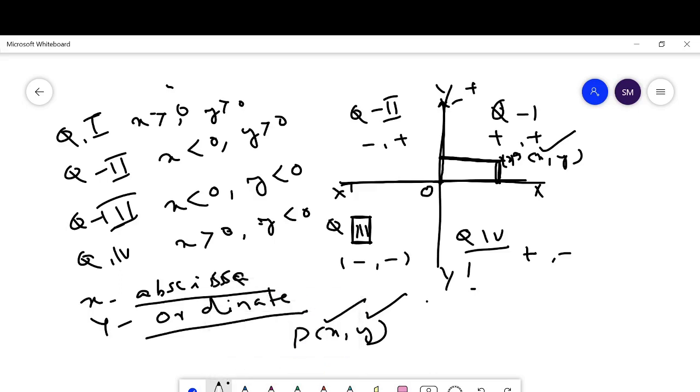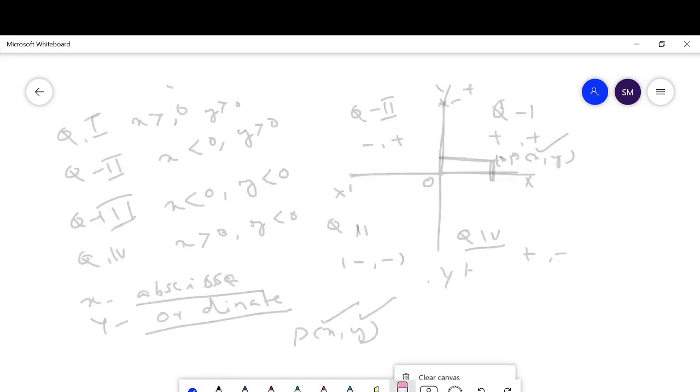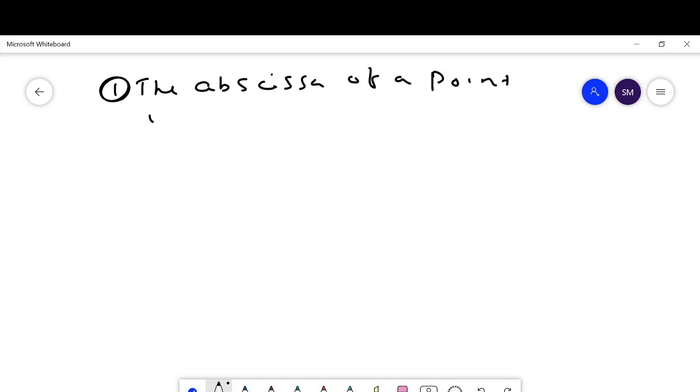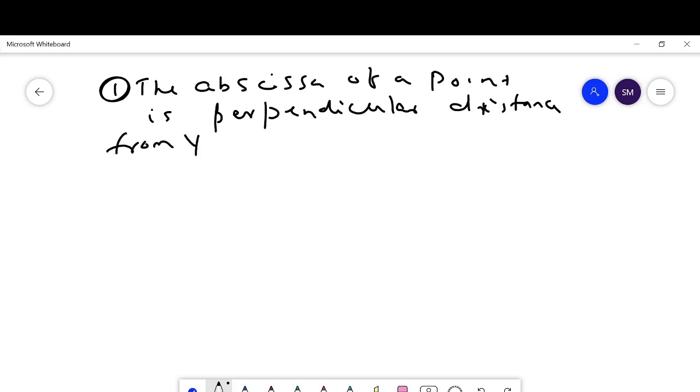Please note down the summary. Students, please note down the summary. First, the abscissa of a point is the perpendicular distance from the y-axis.